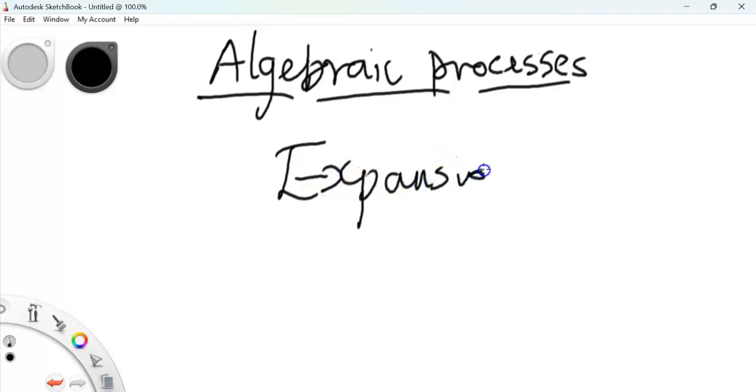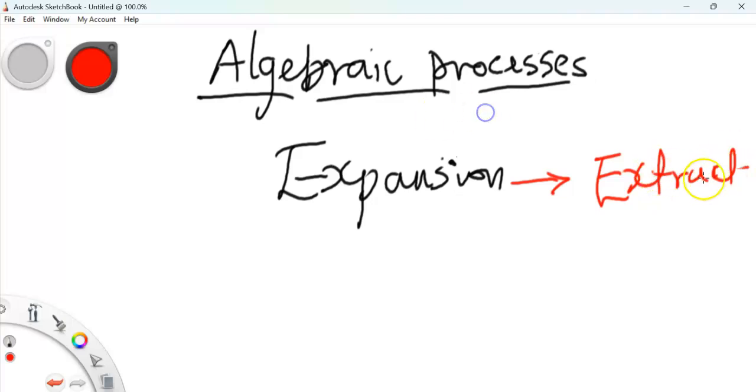So when you hear about expansion, it means that algebraic process that involves you expanding, or let me use the word extract. You want to extract or you want to expand a particular expression into a simple multiplied format.